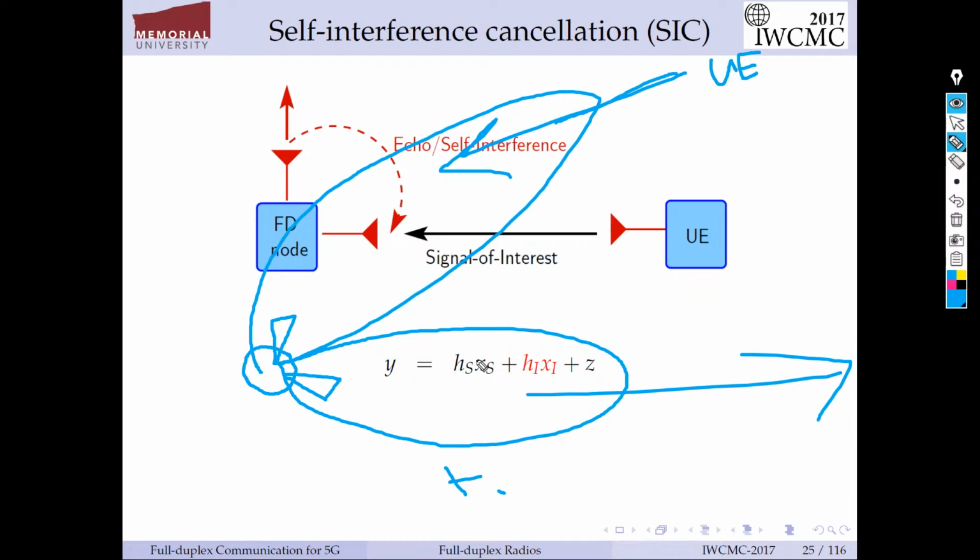The direction of the beam is not towards the user equipment. I'm talking about a line of sight environment. In this case, to make this work so that you can transmit and receive simultaneously, you need to put some intelligent reflecting surface that can reflect the signal back to the receiver so that you can really take data from it.